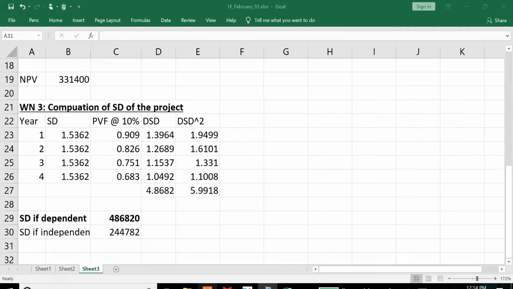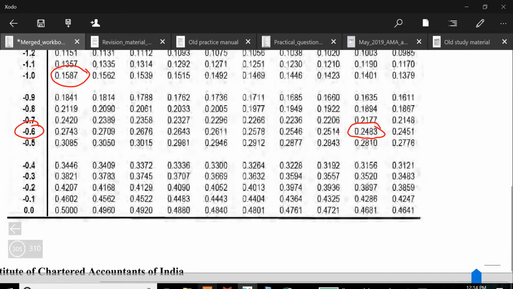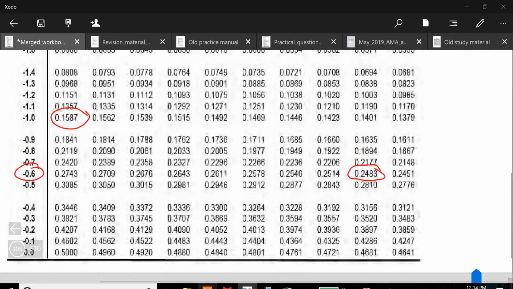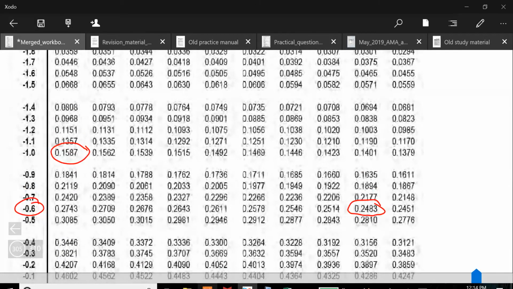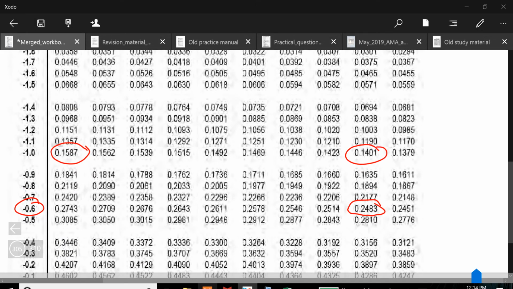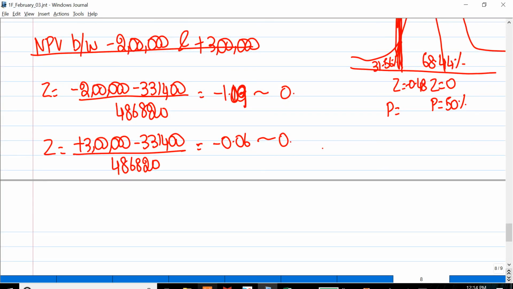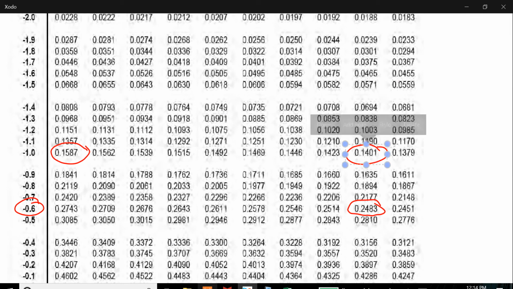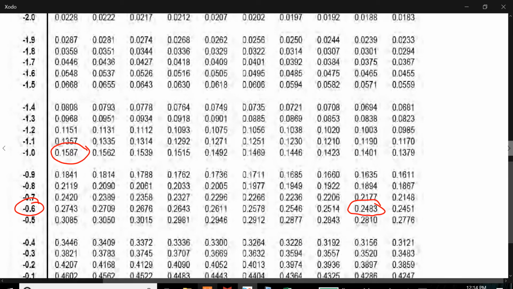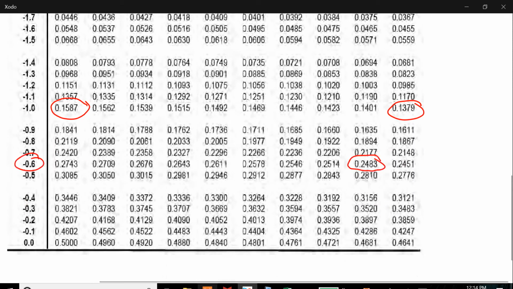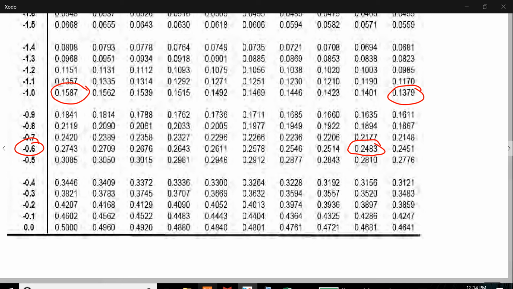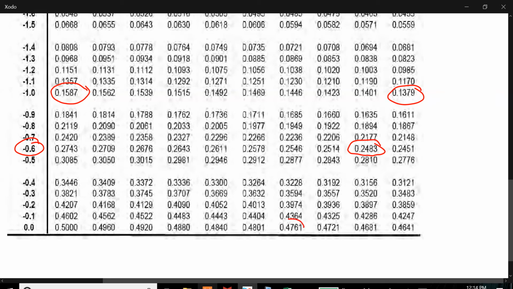Look at the values for 1.13 and 0.06. 1.13 is 1379 and 0.06 is 47.